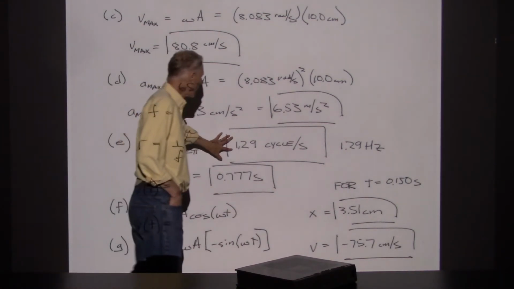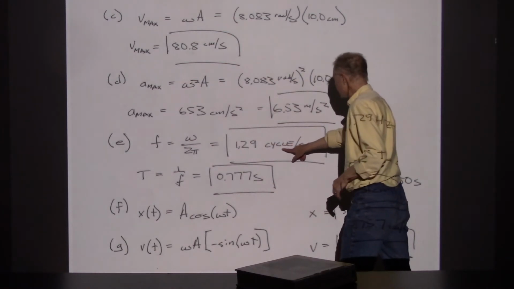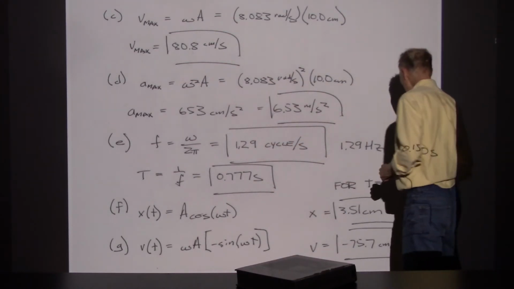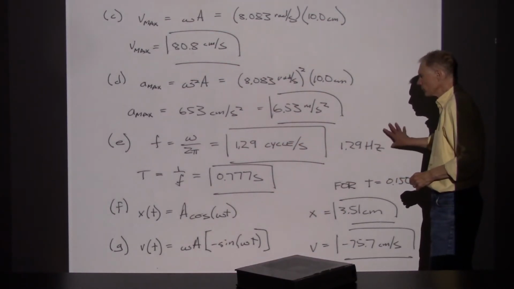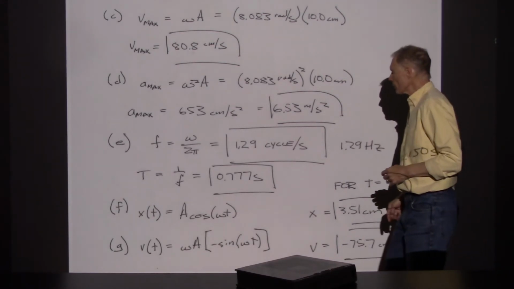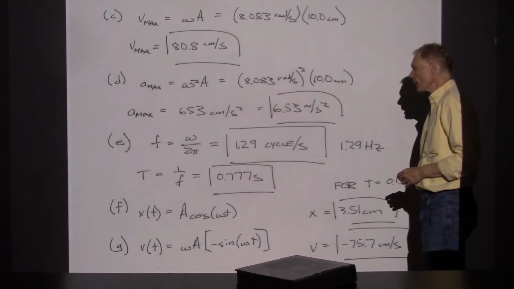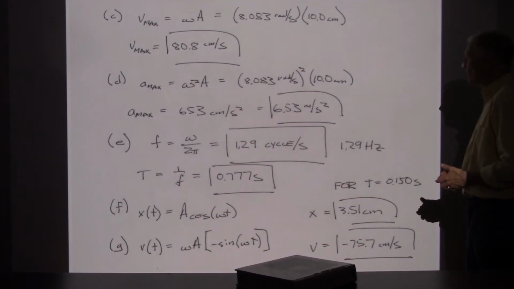And that gives us, again, that's a decimal, 1.229 cycles per second, and that is 1.29 hertz. The period is the inverse. That's 0.777 seconds is what I calculated. And then what are the formulas representing this?